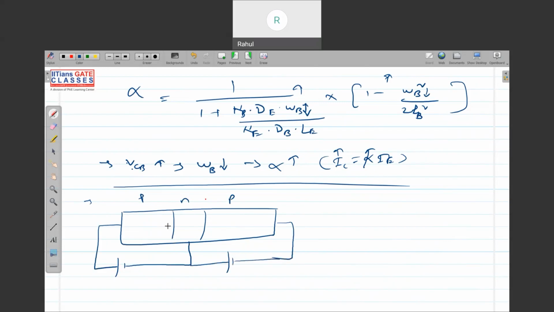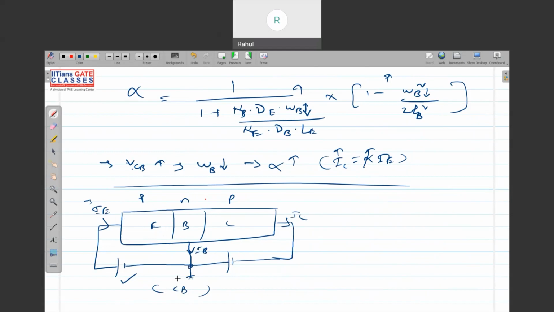Here, this is emitter, this is base, this is collector. The emitter to base junction is biased with respect to base. The base to collector junction also is biased with respect to base. This is your common base configuration. This is your emitter current IE, this is your IB, this is your IC.